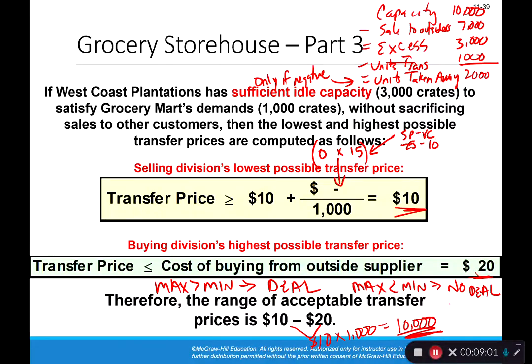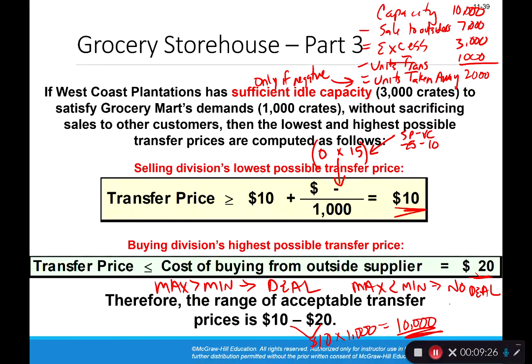You can do that because all you're doing is taking money from one of your pockets and putting it into another, one division to another. So the max and the min are determined based on the company or division's interaction with third parties. Those are the only two numbers that really matter in determining how the company overall will be better or worse off. So remember that.